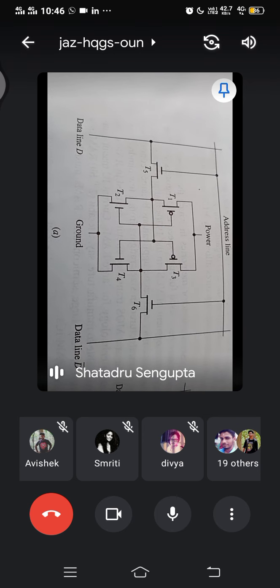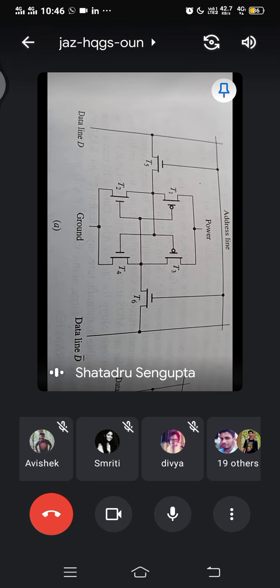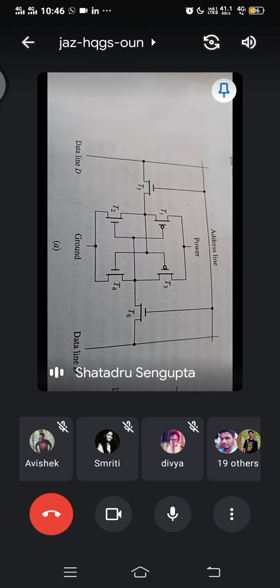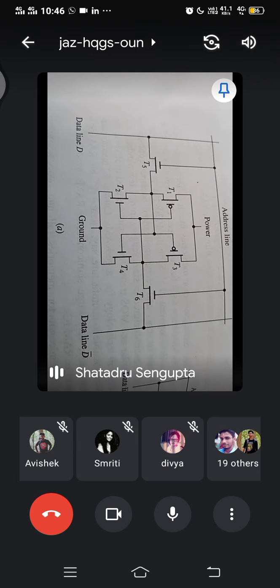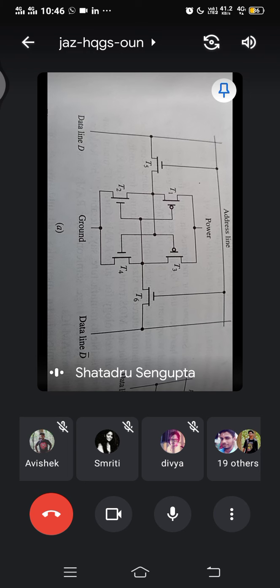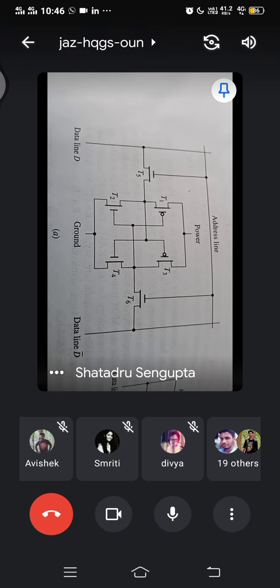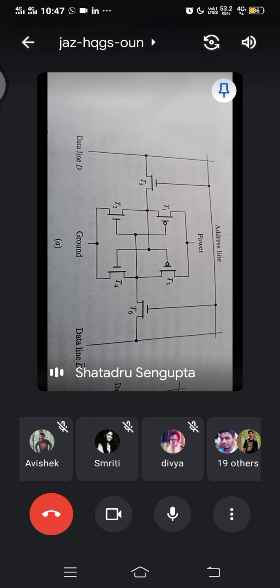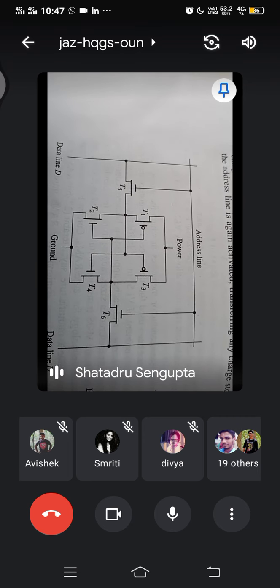When you're reading the data, obviously the output buffer is on. Read it from data line D, and there you get the output that is stored in T1, T3, T4. You need these four transistors to reflect the ones.